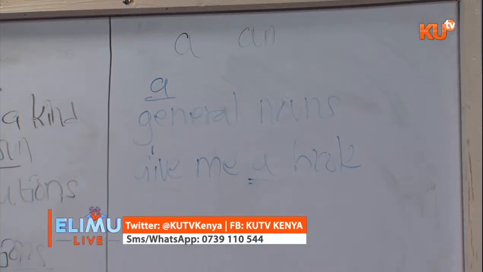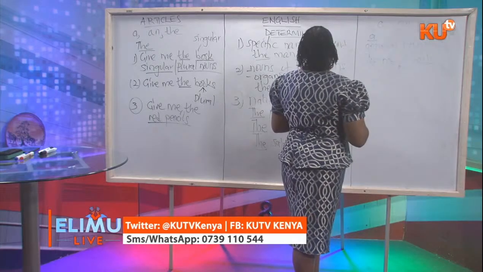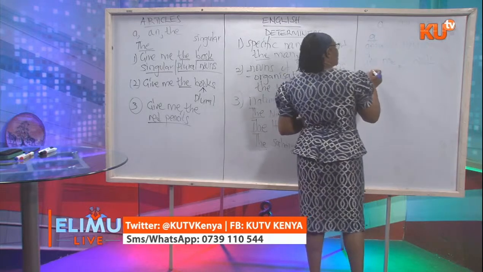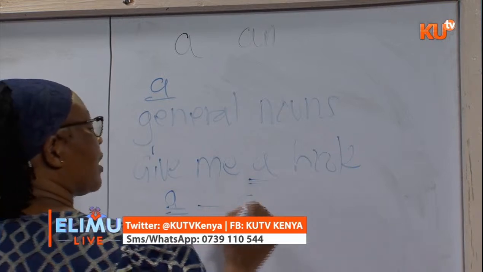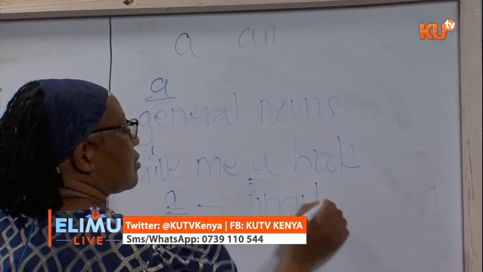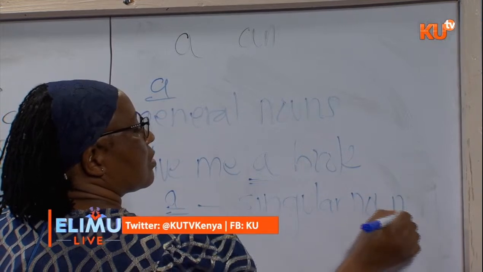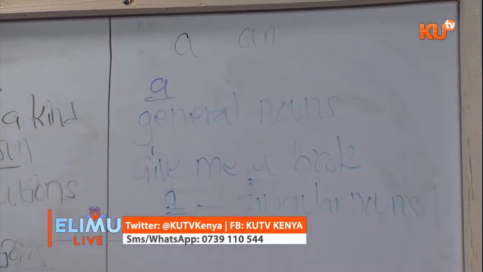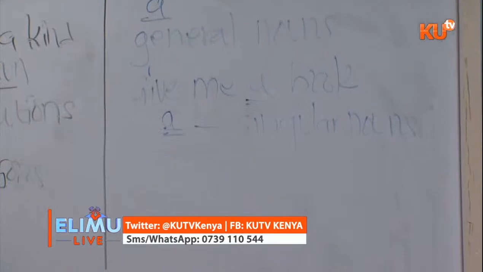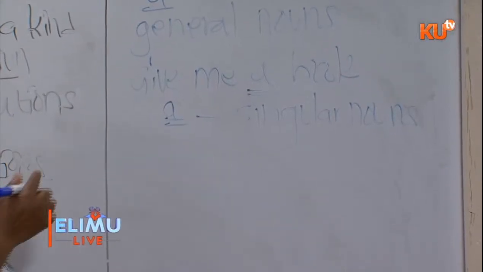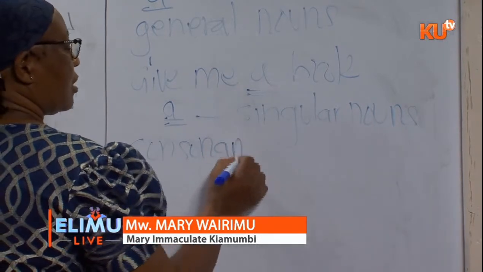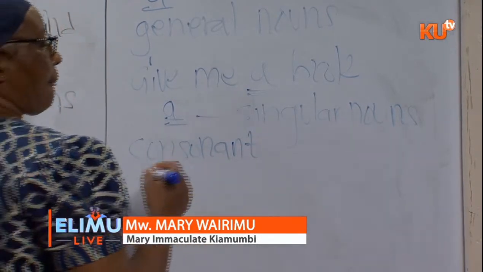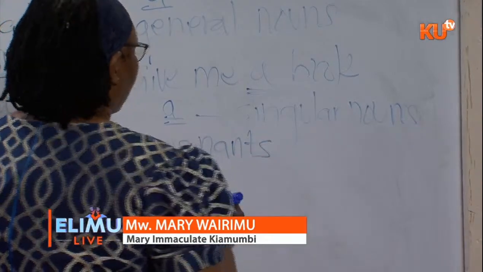And as we said that "the" can be used with singular and plural nouns, the determiner a can only be used with singular nouns, with words that start with consonants.